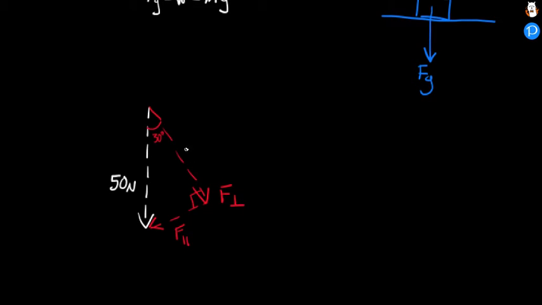And if I want to solve for this side over here, actually, let's do the parallel force first. The parallel force, which is parallel to the incline, is going to be equal to the weight of the object, this force here, times the sine of 30 degrees.